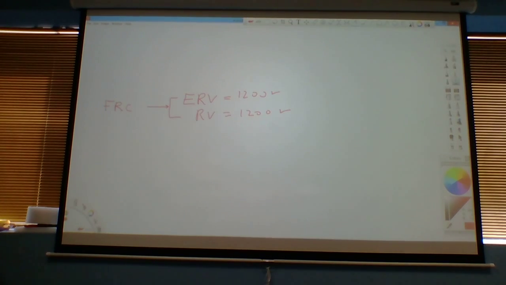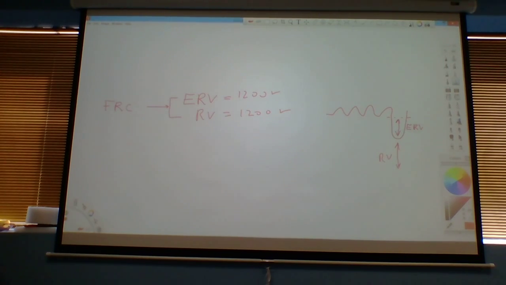So tidal volume 500, correct? Now let's say on the next breath, you have this much more air. And this is how much is staying in your lung. Residual volume, right? And from here to here, this is expiratory reserve volume. The combination of the two is capacity.